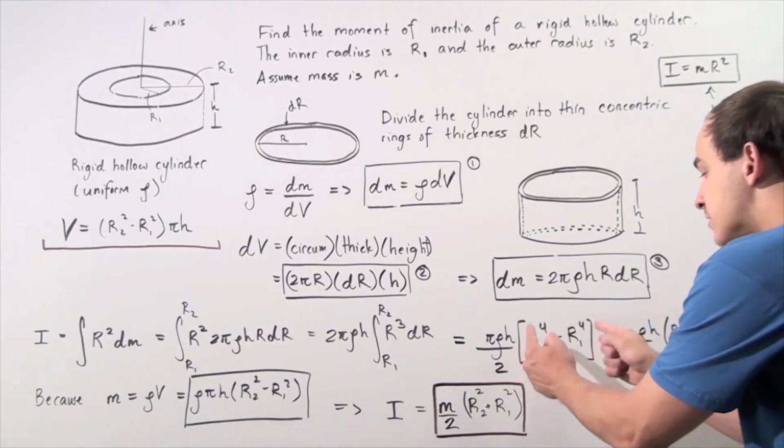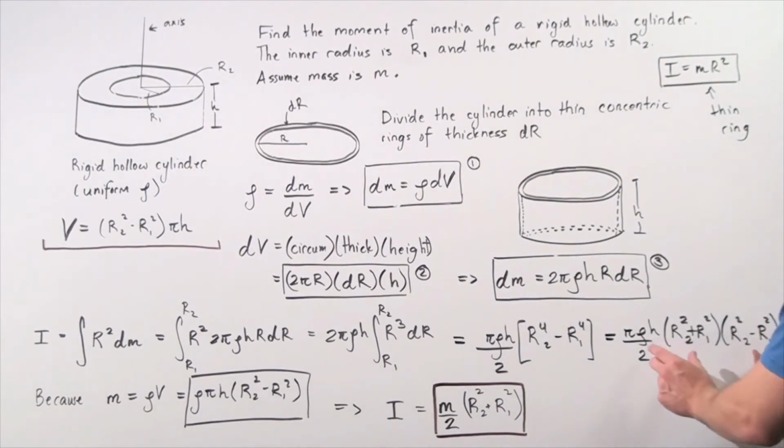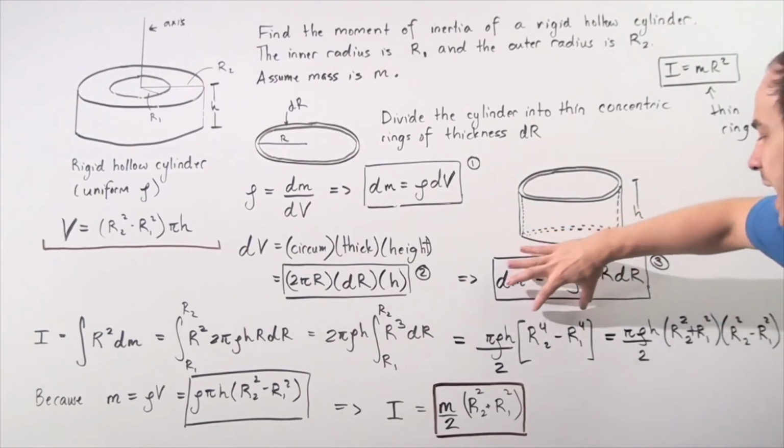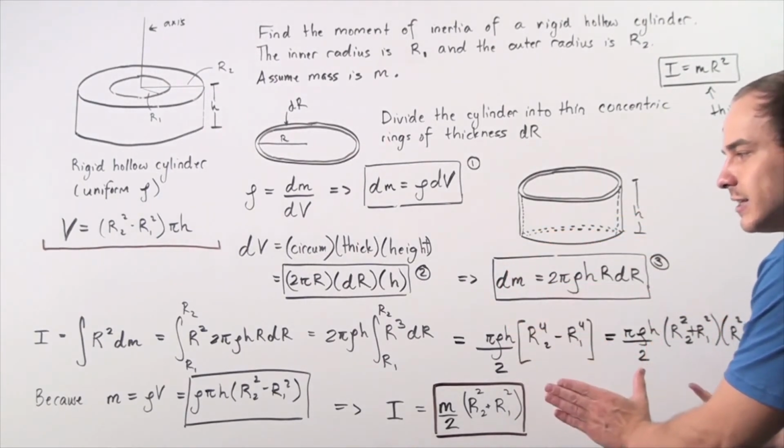Now we can represent this quantity in the following mathematical notation: r2 squared plus r1 squared multiplied by r2 squared minus r1 squared. If we multiply these two out, we get back this quantity. So these are exactly identical.